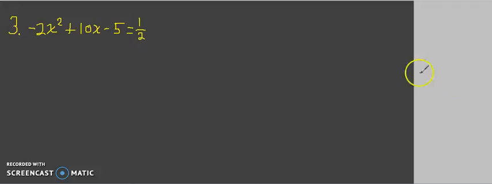Okay, so this one is a little bit more complicated. I'm sure you noticed, because I didn't give it to you in a nice, clear way. I actually gave it to you in a form that isn't quite in the quadratic formula way. So let's go ahead and clean this up real quick. We've got negative 2x squared plus 10x minus 9/2 is equal to 0.